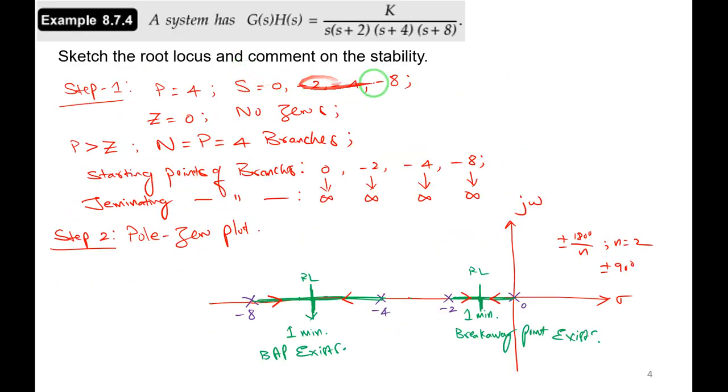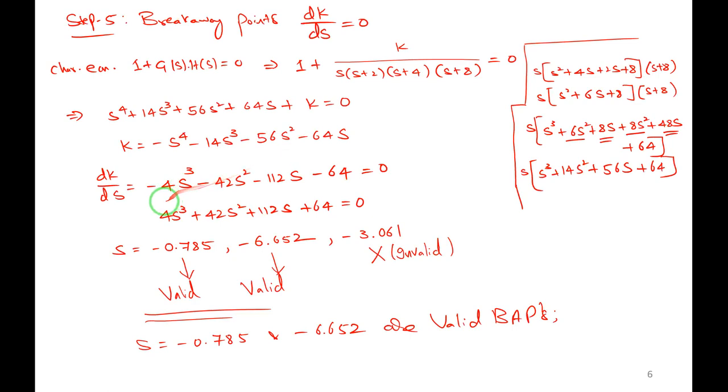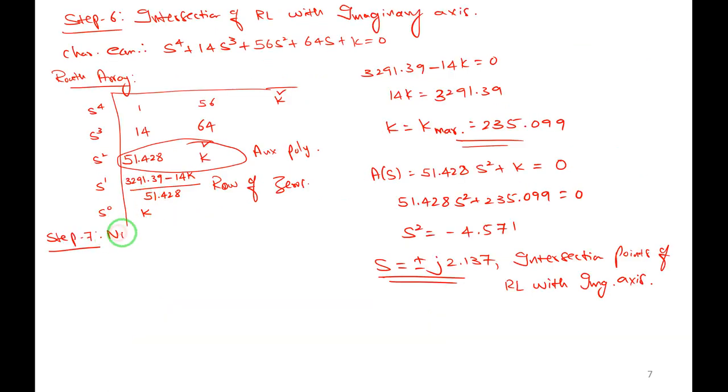If you observe, no complex poles or zeros are there. Since there are no complex conjugate poles or zeros, you can skip this step. No need to calculate the angle of departure or angle of arrival. Then step 8, draw the root locus.